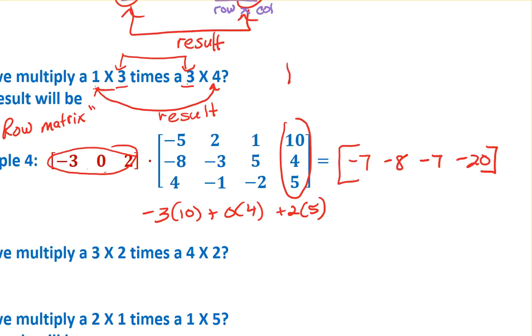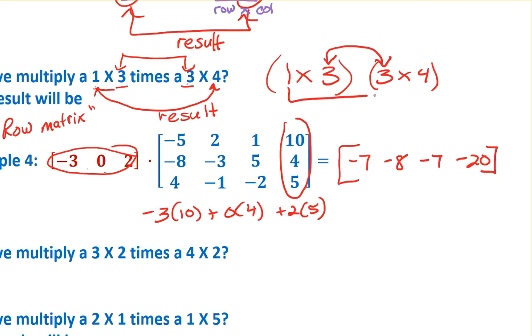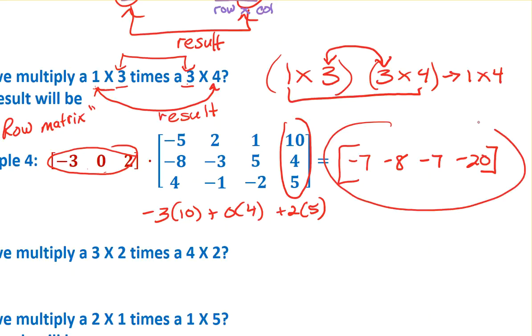We took this 1 by 3, and we were multiplying it by a 3 by 4. These terms had to match, otherwise we wouldn't have been able to do our weird distributive property, and our result ended up being a 1 by 4. 1 row, 4 columns for our final answer.